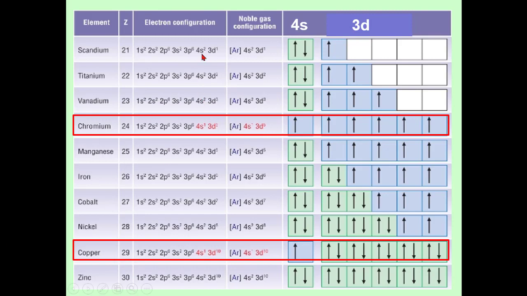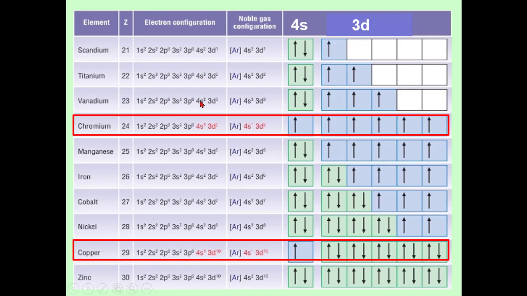In the upper example, you see that the 4s subshell comes first and the 3d subshell comes later. So according to the Aufbau principle, we have to first fill the s orbital.